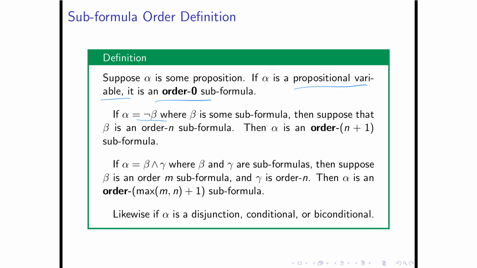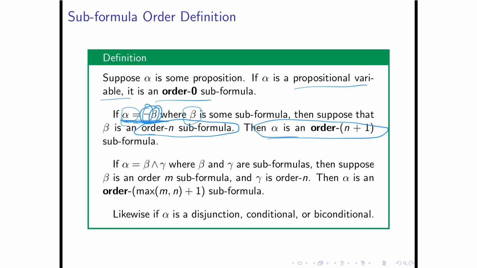Now, if you have a negation, so if your proposition is alpha, but alpha is really the negation of some other subformula beta, then we're going to say what the order of alpha is using what we already know the order of beta is. So let's say that beta is some order n subformula. Then the order of alpha is n plus 1. So effectively, if you ever have a negated proposition, find the order of the subformula and then add 1.